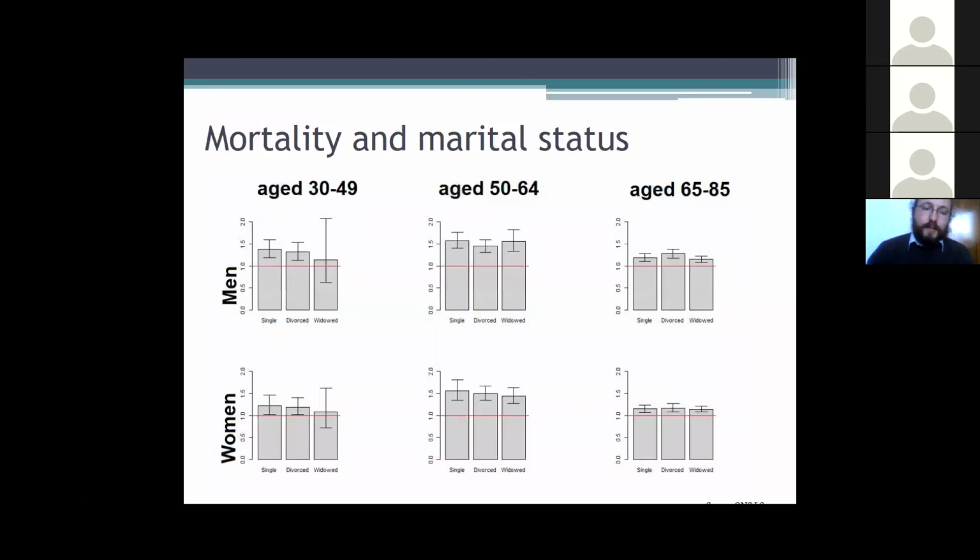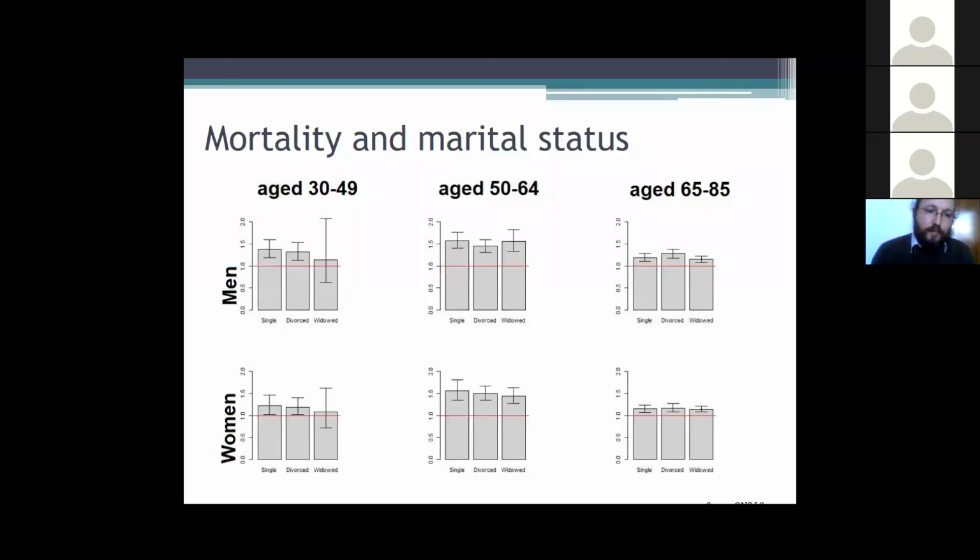After we did some sensitivity analysis regarding migrants that were dropouts, we conducted the analysis. We did a mortality analysis by partnership status, separately for men and women and for the 3 different age groups you can see here.